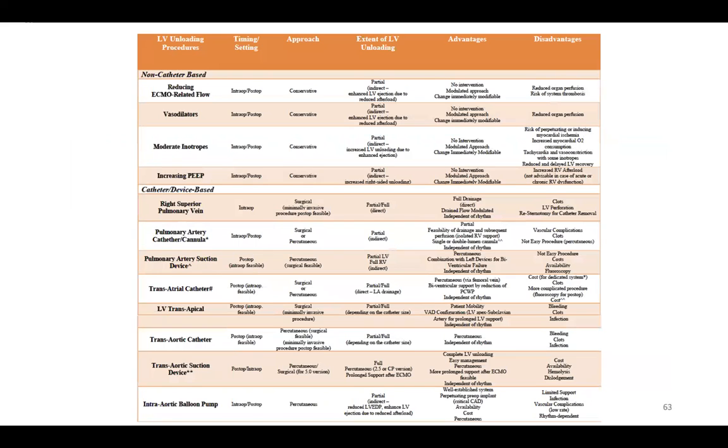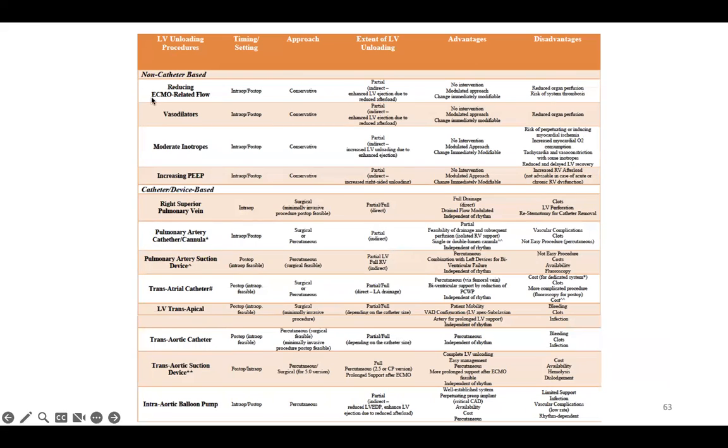On that table, which is pretty busy, you will have all the strategies to unload your left ventricle in the setting of VA ECMO. First you have non-catheter based strategies. We already talked about this at the beginning of the session.